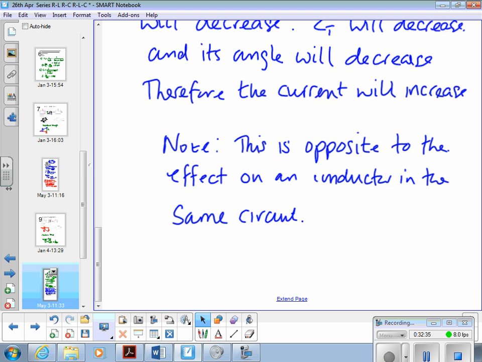So the supply authority would say you've got poor power factor. And again, I'm not going to go into detail about that. But the way that they penalise you for that, because that means their cables have to be bigger, is that they can't transmit so much power if you've got poor power factor. So what they do to get round that is they add some capacitance into the circuit to bring that angle back in and improve the situation. It's called power factor correction.